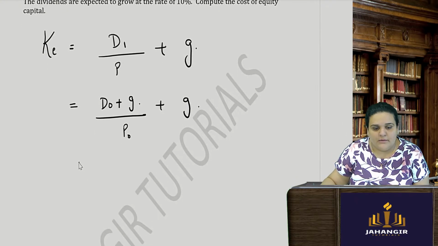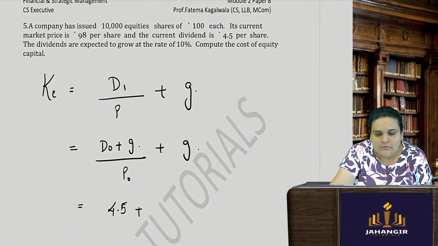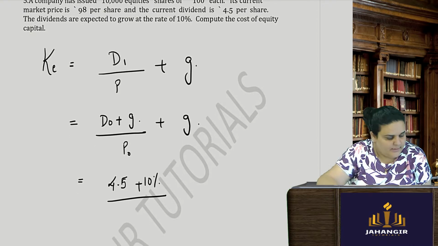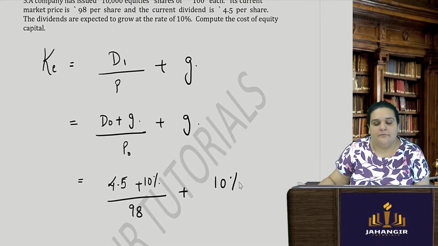The current dividend is 4.5. The growth percentage they are saying is plus 10%. The price, its current market price, is 98. I do not have to do anything, just write 98 over here. And here I will write 10%.